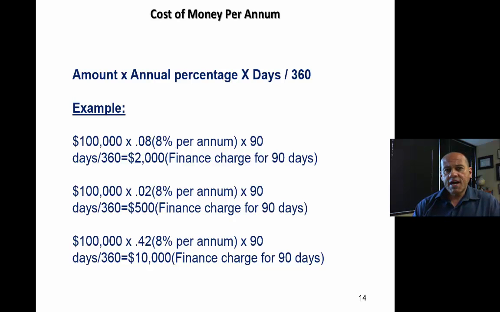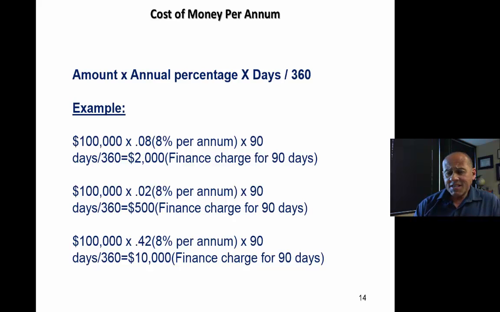So because of that, the per annum rate could be as high as 42%, right? If you're borrowing it at 5% or more per month, even though you're effectively not paying that whole per annum rate, it still works out to be that APR, or annual percentage rate. So at 42% on $100,000, we're already up to $10,000 in finance fees.